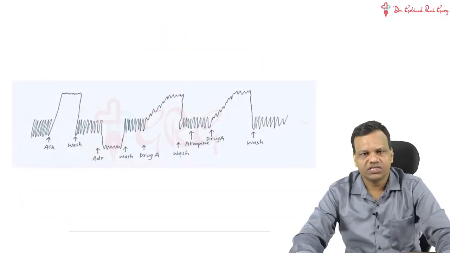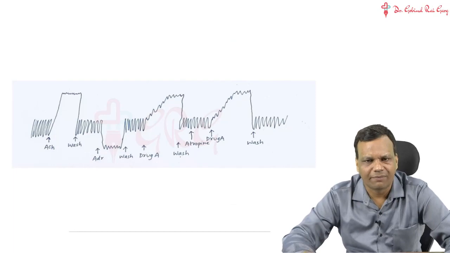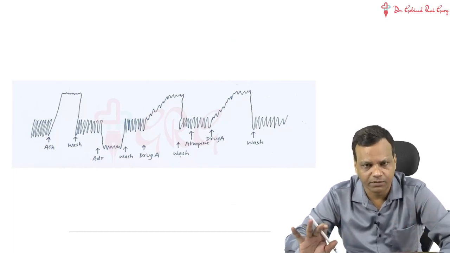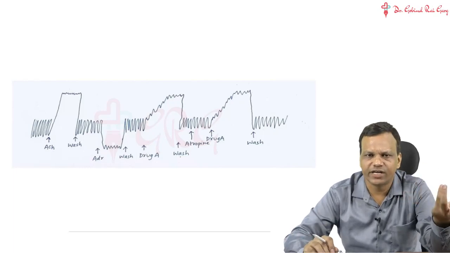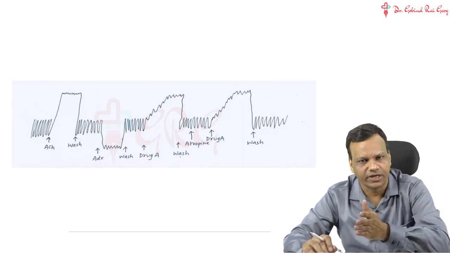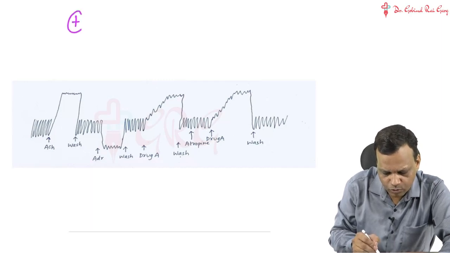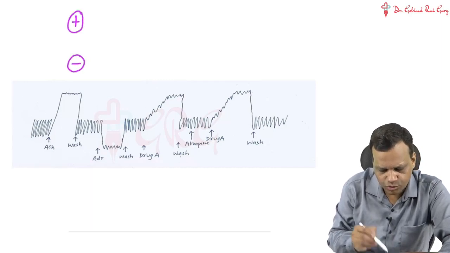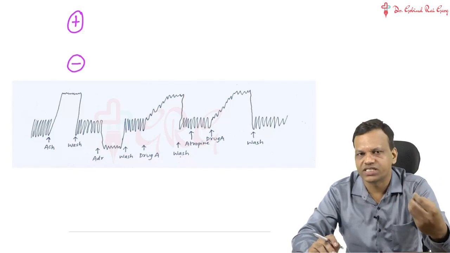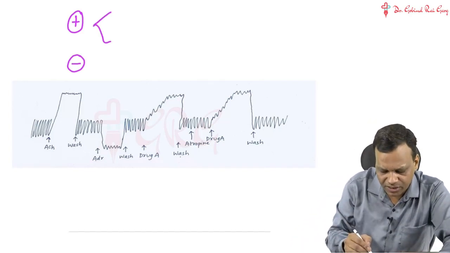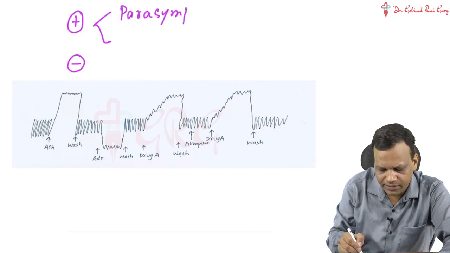Clear? Now this is the effect of drugs on rabbit ileum experiment. We already discussed rabbit ileum. The drug may be stimulatory to ileum, or inhibitory to ileum. So they give two types of stimulatory drugs and two types of inhibitory drugs. You need to identify the actual drug. The stimulatory drug may be a parasympathomimetic drug like acetylcholine, which stimulates the ileum.